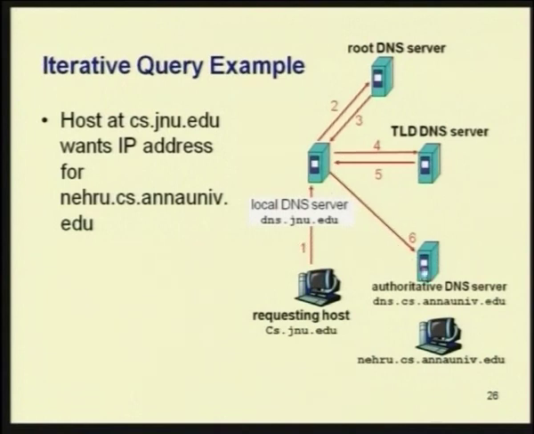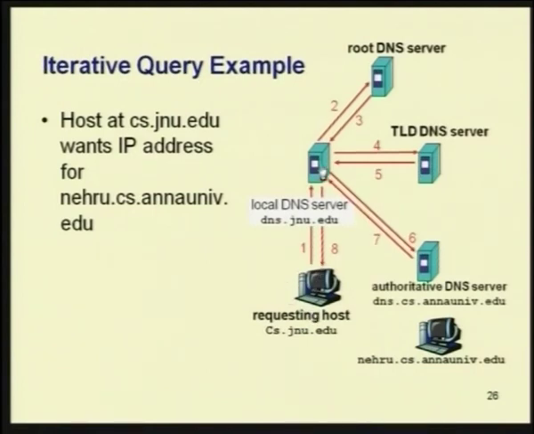The sixth step is that the request is sent to this machine, which has the correct information. It sends the reply back to the local DNS server. Once the local DNS server has the correct IP address for nehru.cs.ninu.edu, it sends the reply to the requesting host.